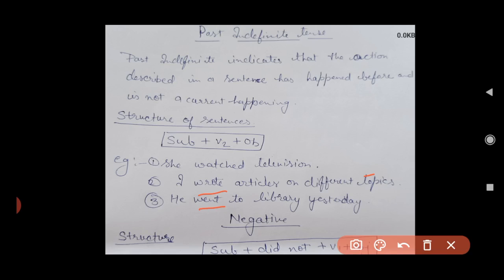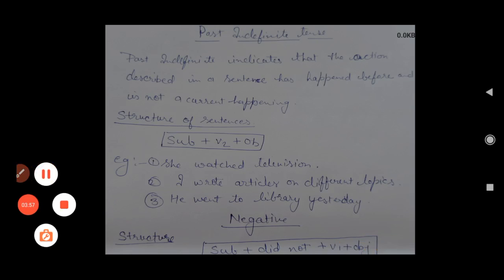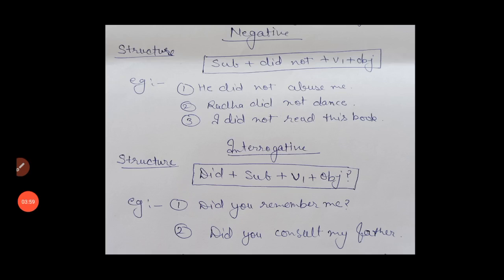Okay, now we move on and we will learn how to form negative sentences in past indefinite tense. Okay, students, the structure of past indefinite negative sentence is subject plus did not plus verb's first form plus object.